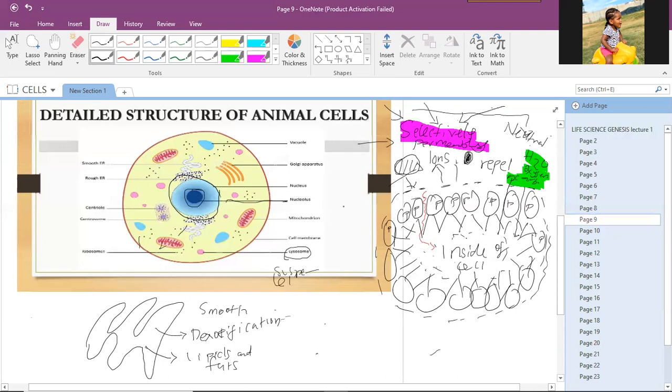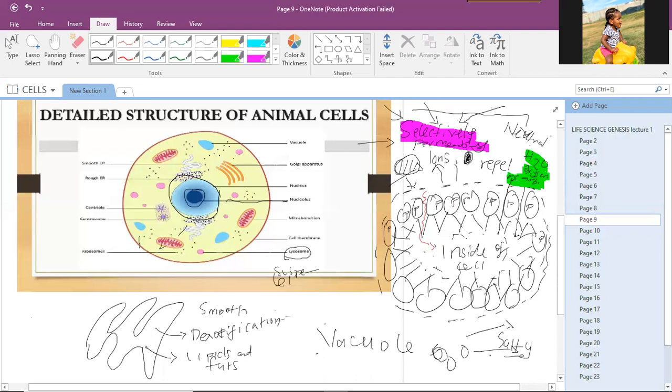So this is the animal cell. And by the way, animal cells also have vacuoles. They are just not big, they're very small, because sometimes the animal cell can be in a very salty environment. And when it's in a very salty environment, the animal cell can lose water via osmosis.